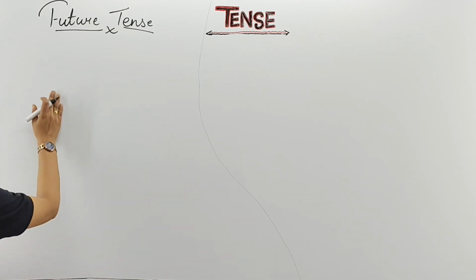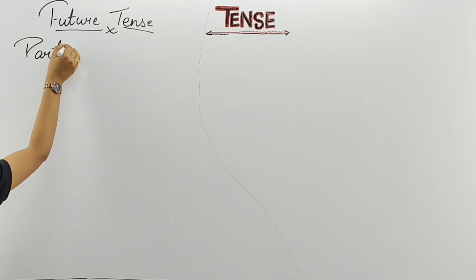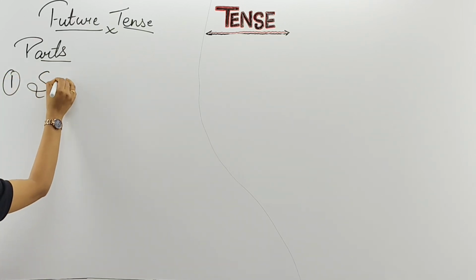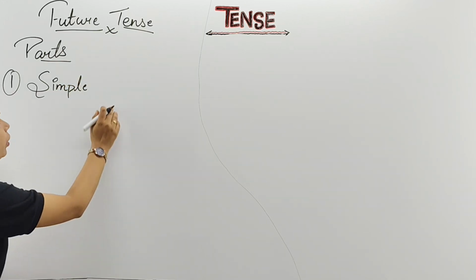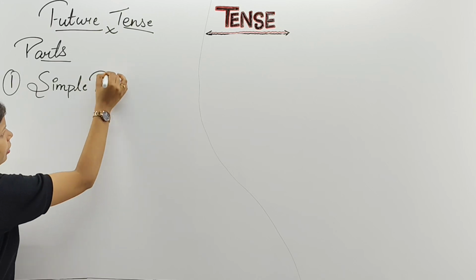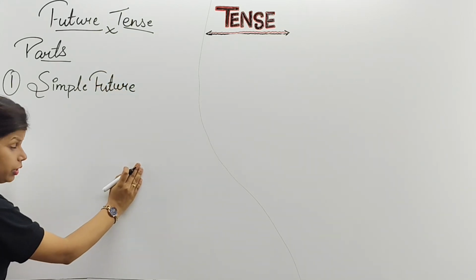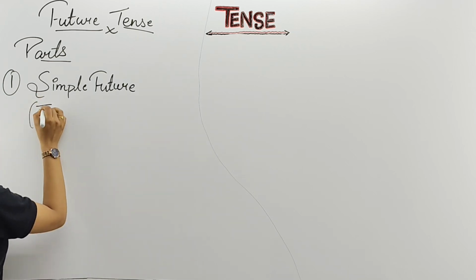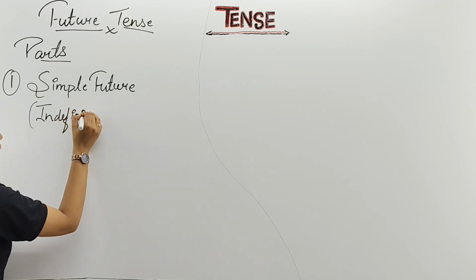Okay. So the first heading we are going to read is parts. Clear, no? First part is what? Everywhere we have this common part, that will be your simple. And in that simple we are going to add future. I already told you in previous videos that simple future is written somewhere as indefinite.